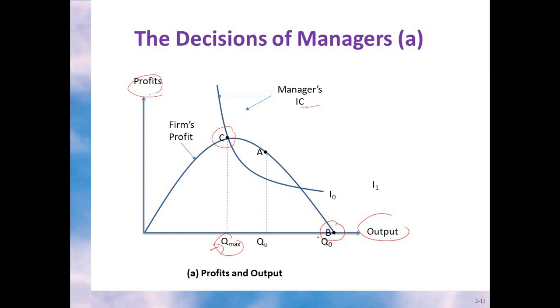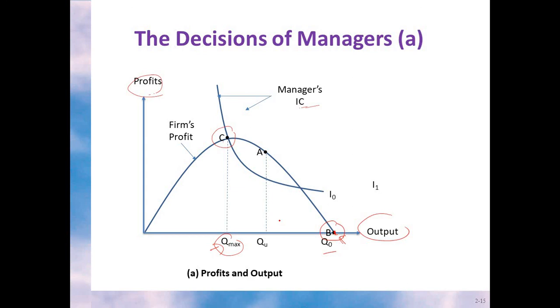But if the managers want to maximize output, then you see the profit is zero, but your output is the highest, if you look at this x-axis. So which one actually? You want to increase the profit or the output? You cannot have both.